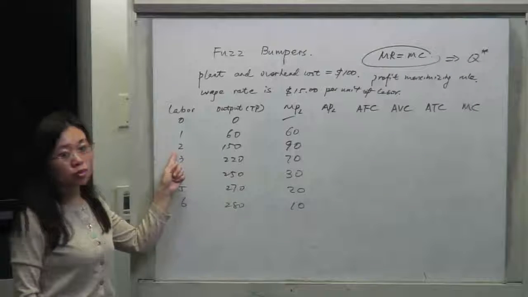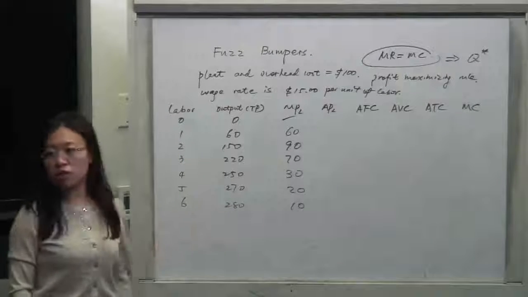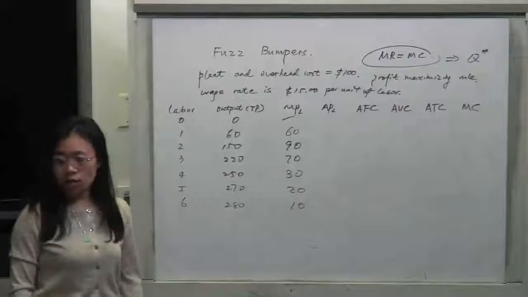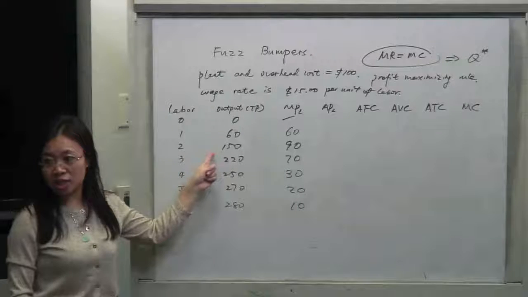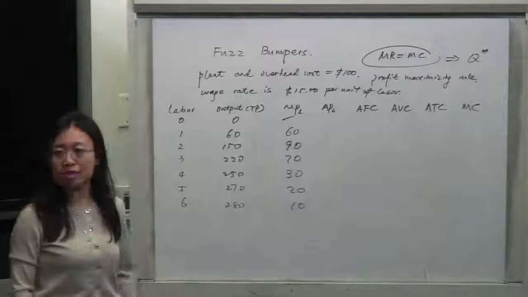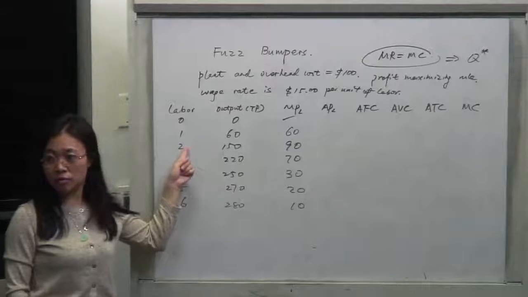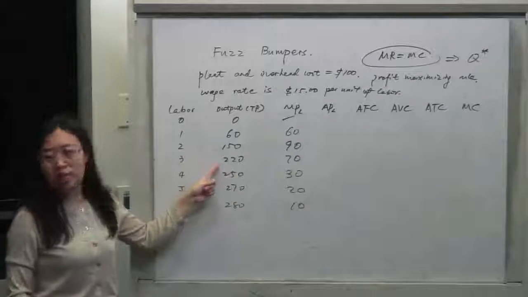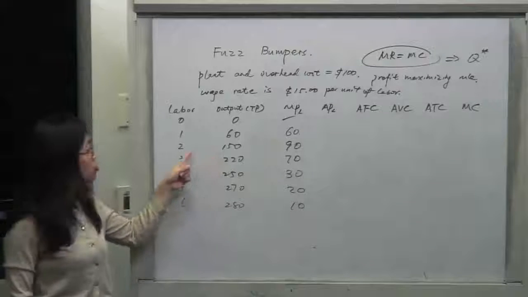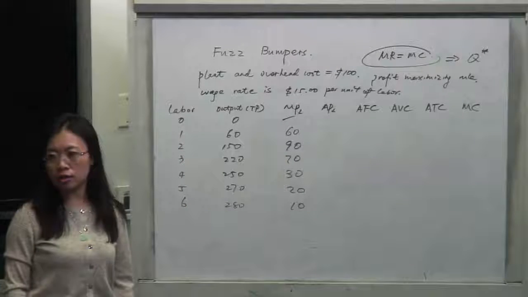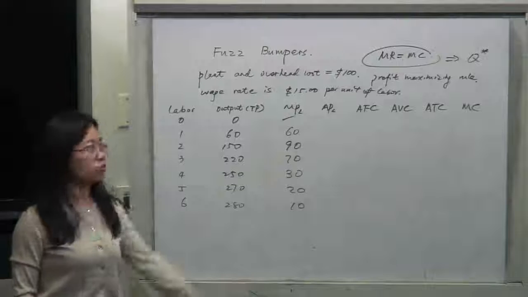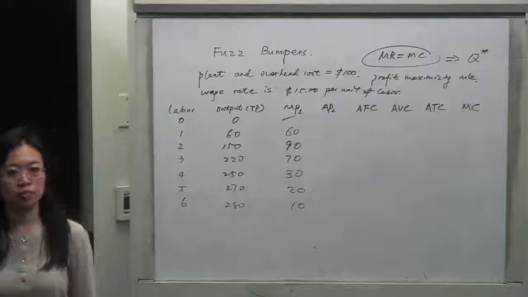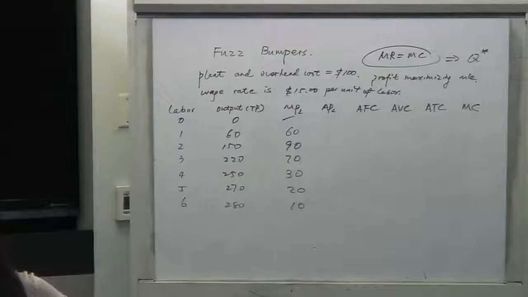When you hire 2 workers, then you produce 150. So the extra 90 units are due to the additional worker here, right? And from here to here, there are an extra 70 units. And this is due to the third hire of the workers. That's the meaning of marginal product of labor. Any question on this?